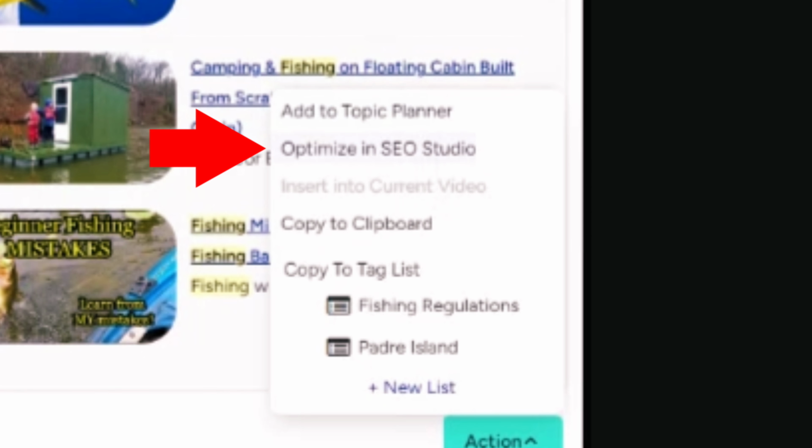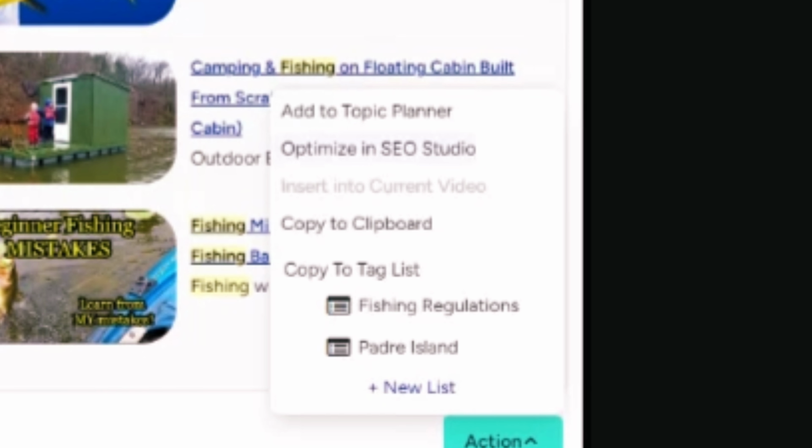I can optimize this in SEO Studio. If I want to target this search term and I am on my specific video that I want to implement this search term for, I can go to the SEO Studio right here and it's going to plug that in, and it's going to show me exactly where I need to plug in this term so that we are 100% optimized for it, giving YouTube a laser focused idea that this is what this video is about and these are the people that this video needs to be served to.